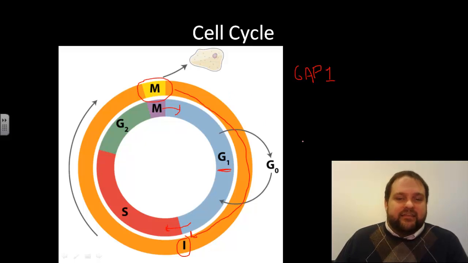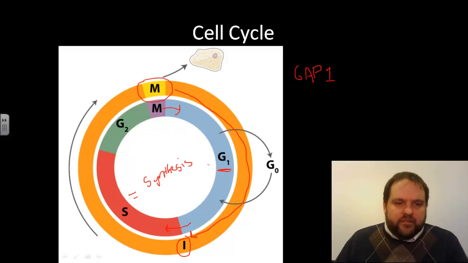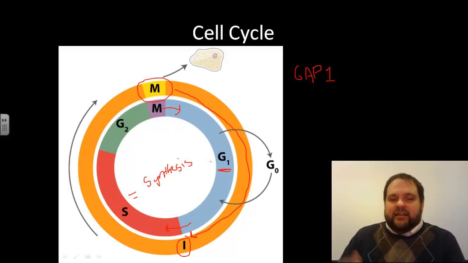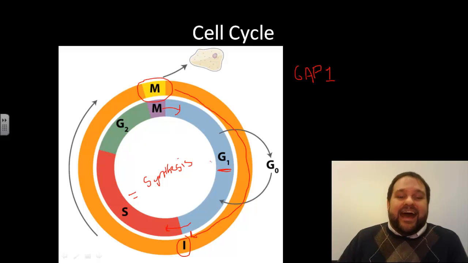Over here, the S phase. S stands for synthesis. So S equals synthesis, and in synthesis, a cell is copying its DNA. So it grew in gap 1, it copied its organelles, and then it hits S phase, and it copies its DNA.